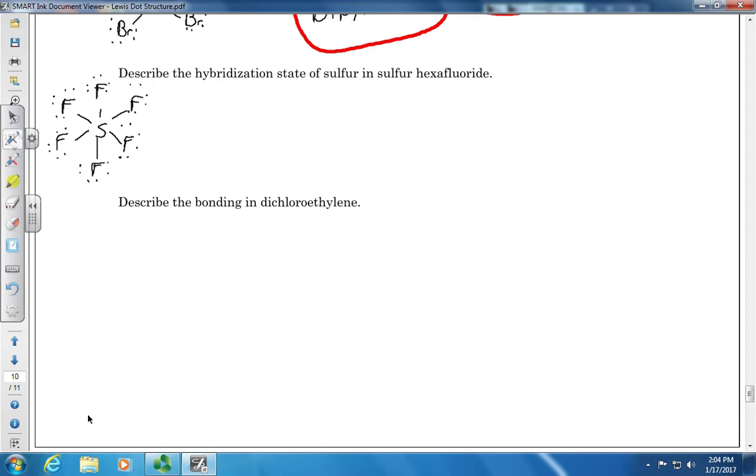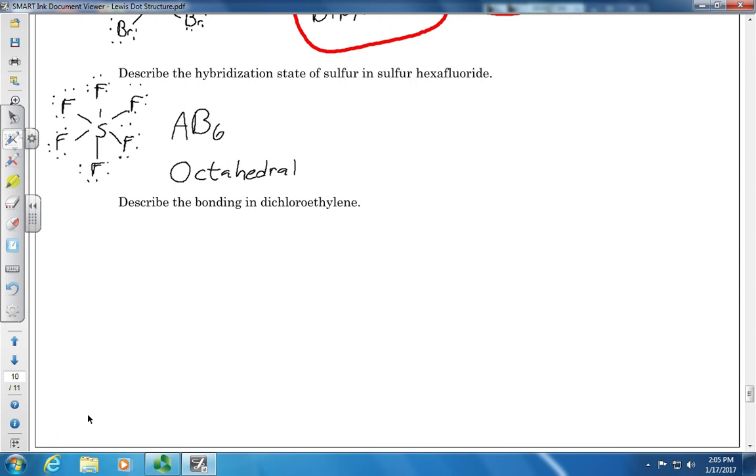If it can't have the expanded octet, then you have to re-evaluate it. And from looking at this molecule, you can note it's an AB6. There are 6 atoms attached to the central atom. And so it is octahedral. And that's giving our geometry of it.